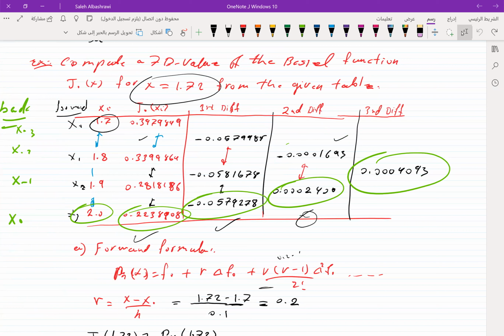If we say the forward, we start with the first one as x sub 0, x1, x2, x3. If it is backward, start from down. x sub 0 is the last one, then x minus 1, x minus 2, and x minus 3. And for the coefficients of the polynomial, if it is backward, we are using the last entry in each column. If it is forward, we are using the first entry in each column.